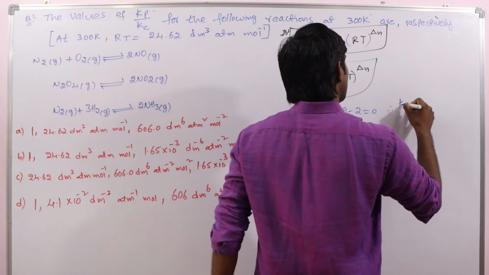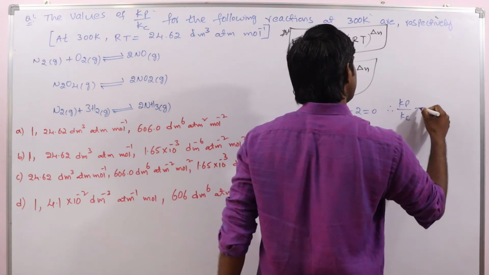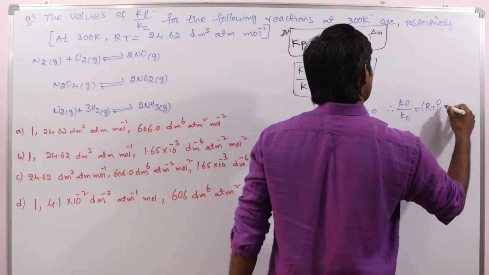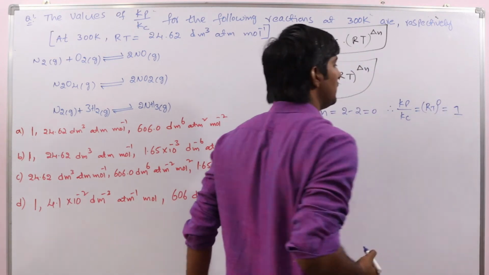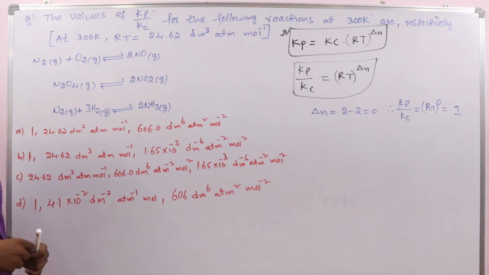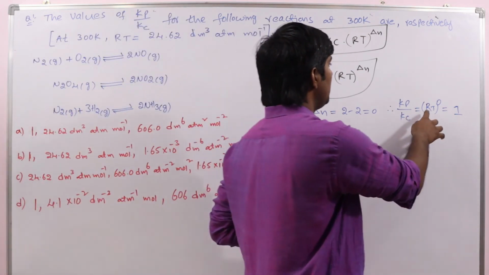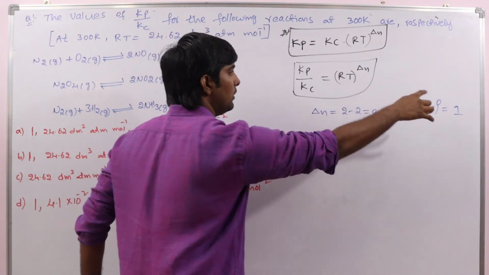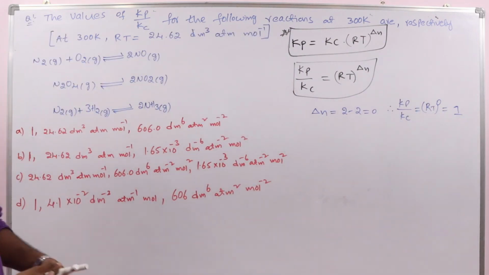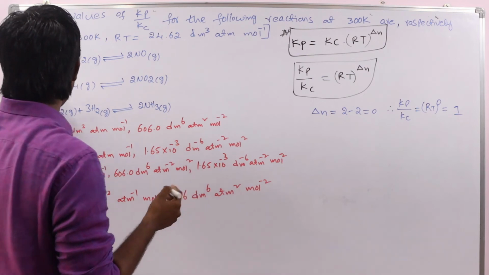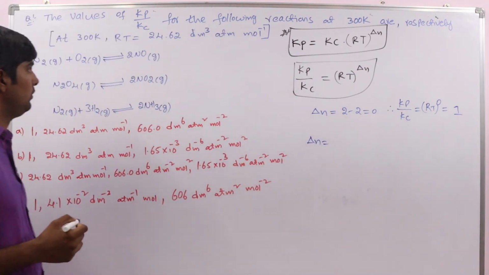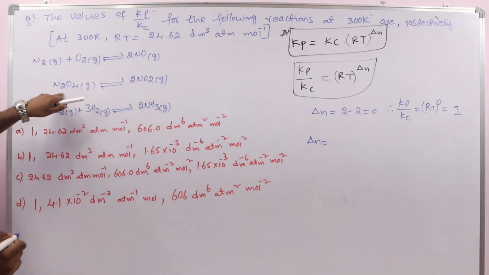Therefore Kp by Kc is equal to RT power 0, that is nothing but 1. Something power 0 is equal to 1. So here we get Kp by Kc equal to RT power 0, because delta n is 0, that equals 1.